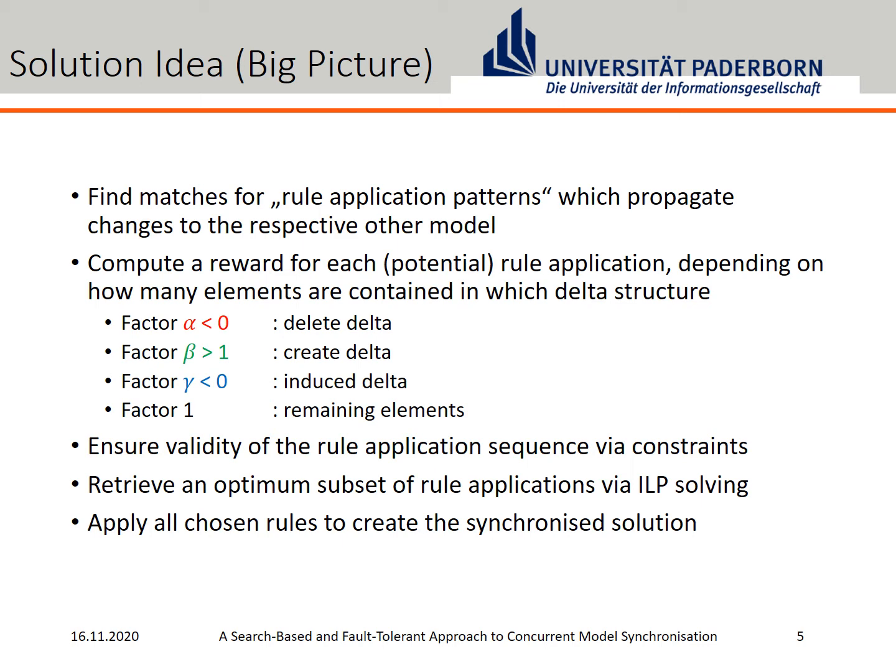All other elements are weighted with a unit factor 1, which means that they should be kept if no other arguments speak against that. To find an optimum subset of rule applications that maximizes this reward, an integer linear program is constructed. Thereby, interdependencies between rules are expressed via constraints, whereas the ratings are used as coefficients in the objective function. How this works will be explained in the following slides.